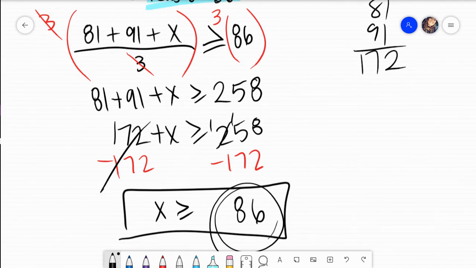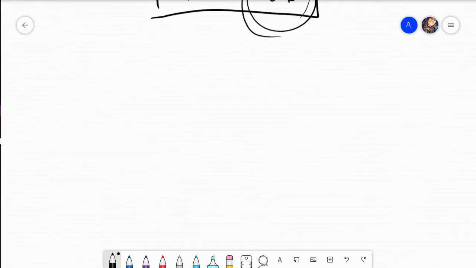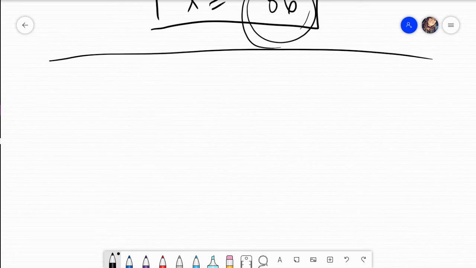Okay, I think the last problem, I just don't have anything written down for me. This example, this is what I was thinking at first. Test scores 87, 96.